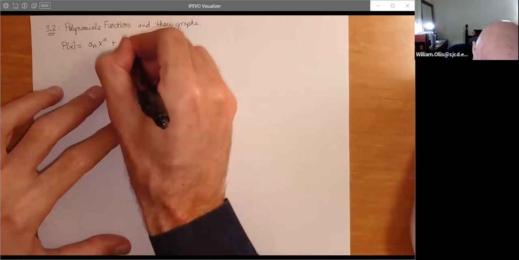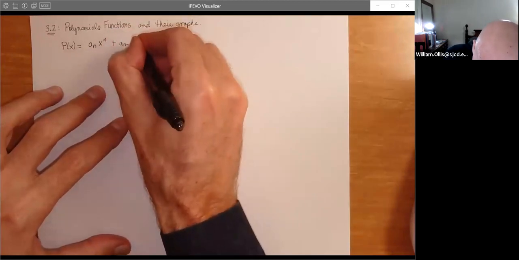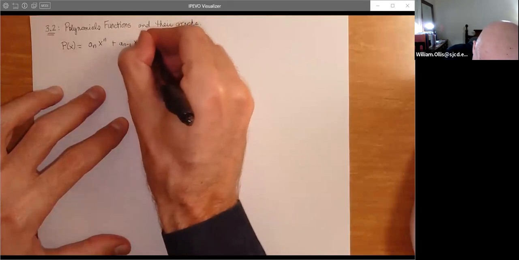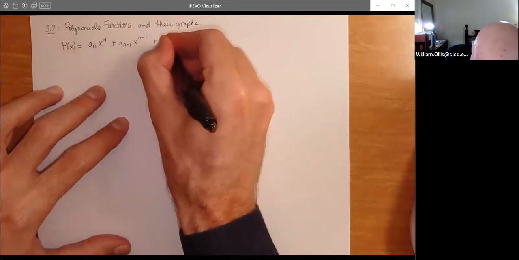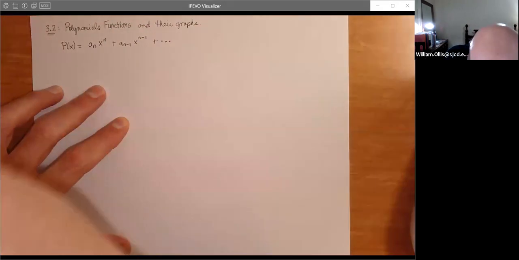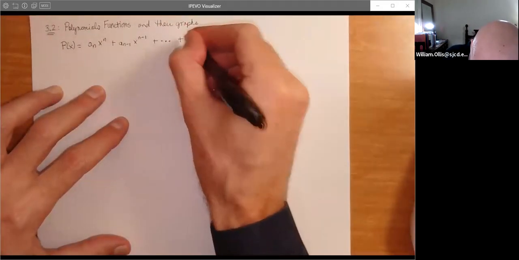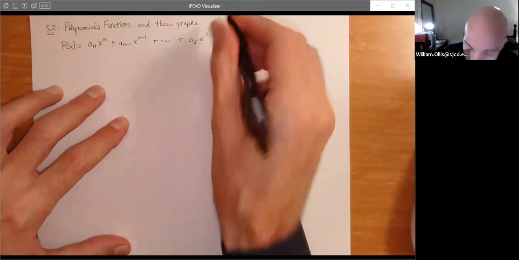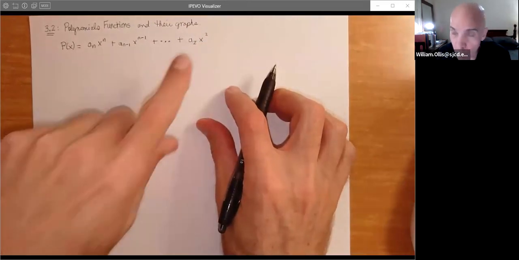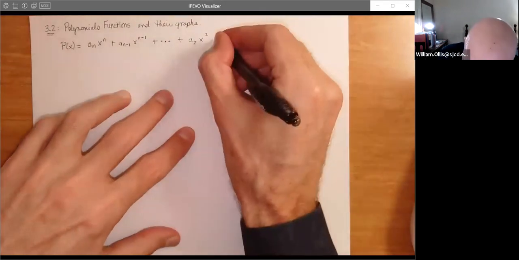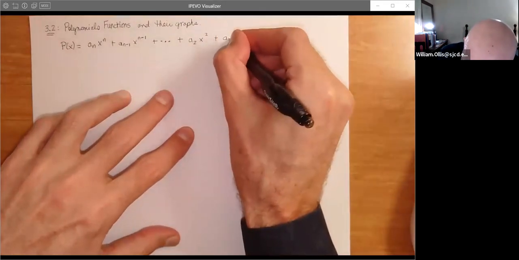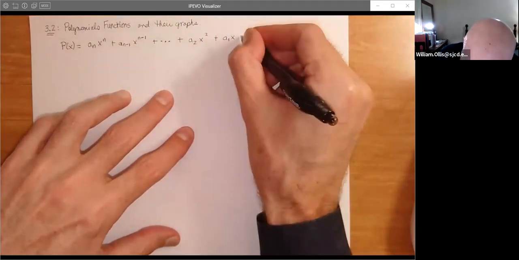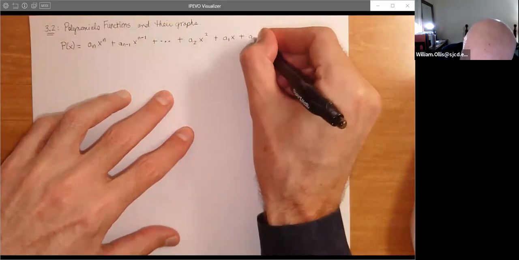So the next term, a sub n minus 1, x to the n minus 1. And then we'll just descend to the quadratic part. For instance, here, if the polynomial started here, this would be a quadratic polynomial. And then, of course, the first degree term, and then a constant term.